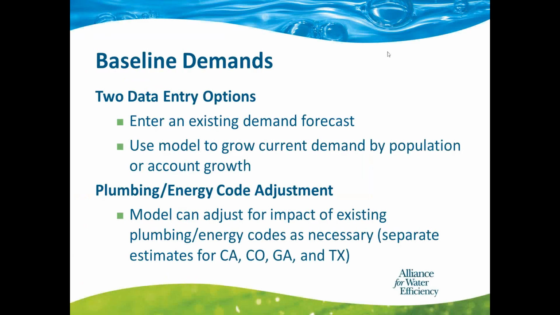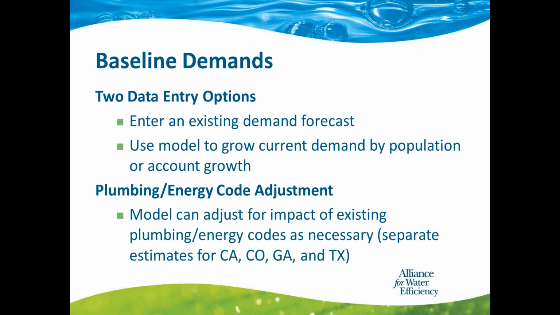Once we work through the Common Assumptions worksheet, we're ready to enter our baseline demands. And we have two options here. We can enter an existing demand forecast that we already have, but if we don't have that, we can use the tracking tool for a simple demand forecast and grow it by population or account growth. We can also select to have our demand affected by the plumbing code, or adjusted rather.